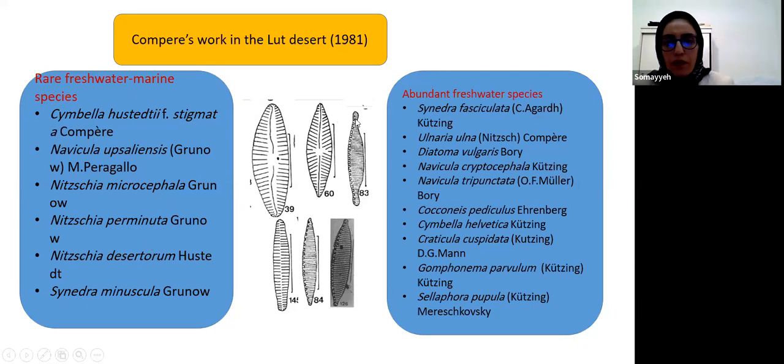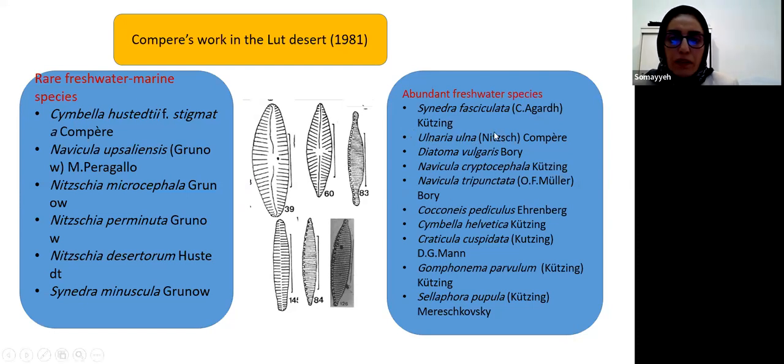But he found a list of diatoms as freshwater diatoms from the southernmost part of Lut, where the soil is less salty and it is more fertile than the middle part.